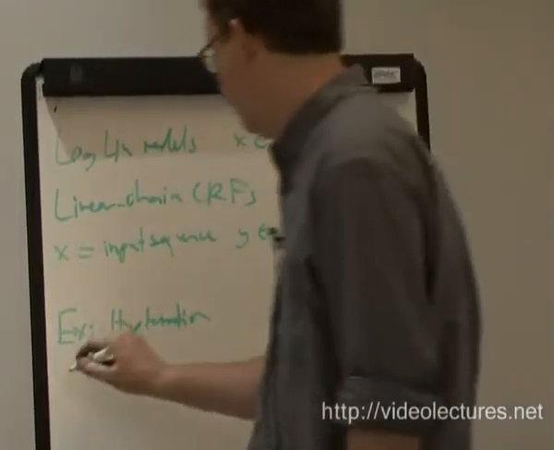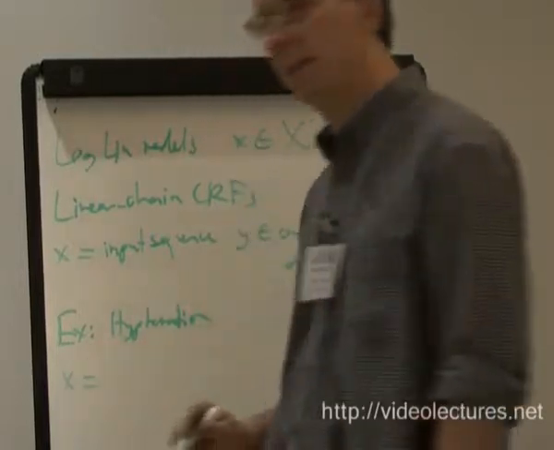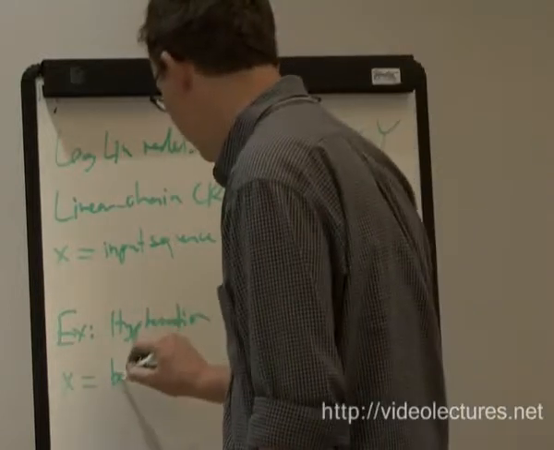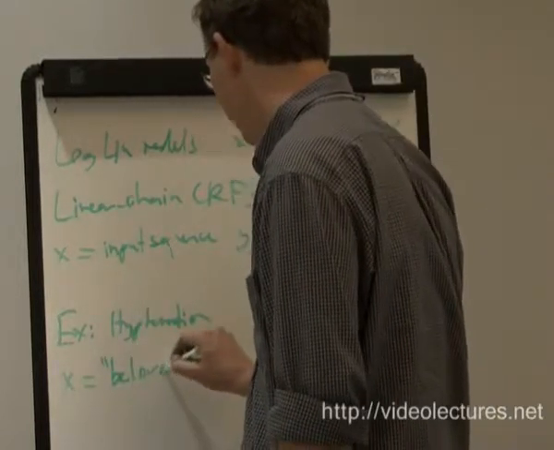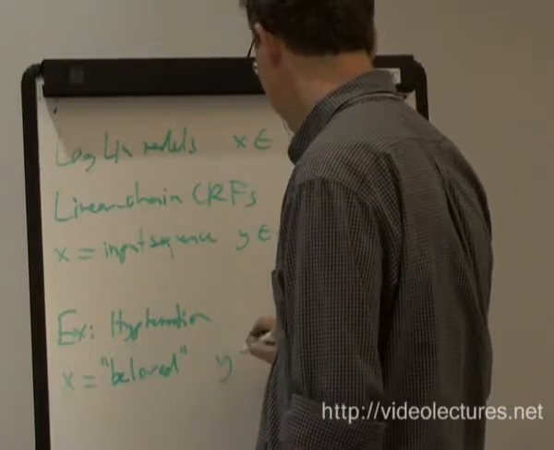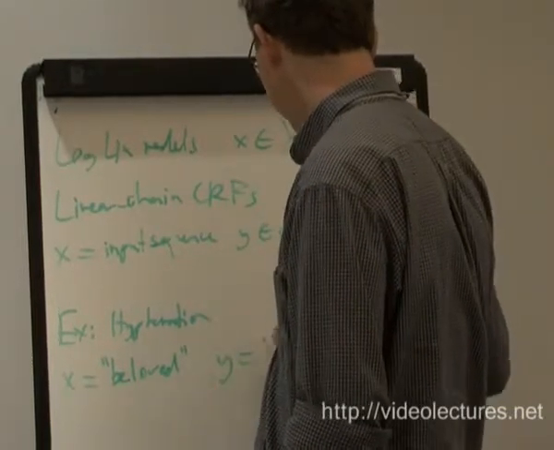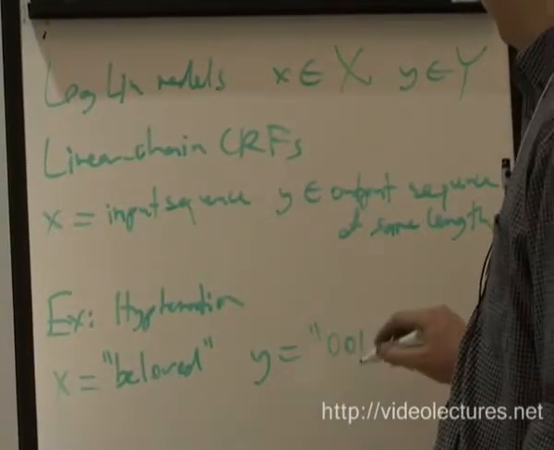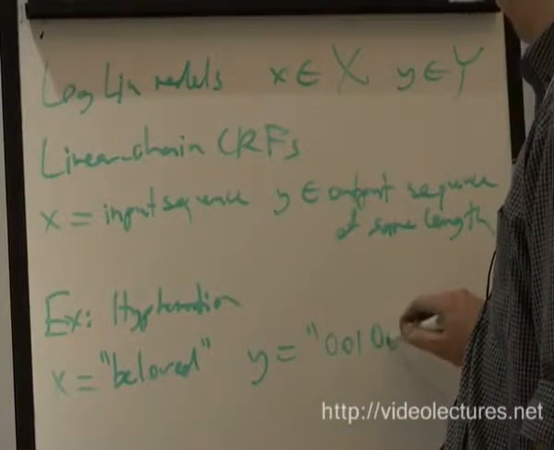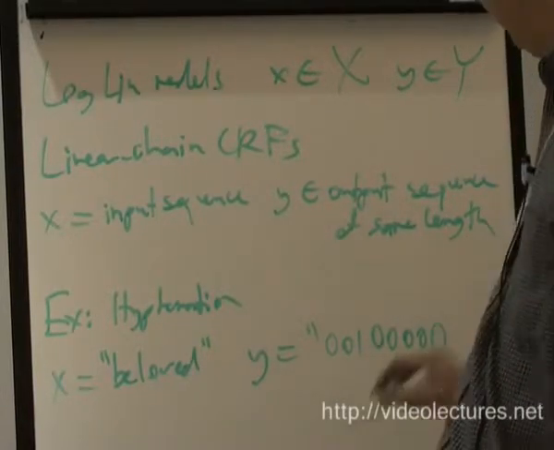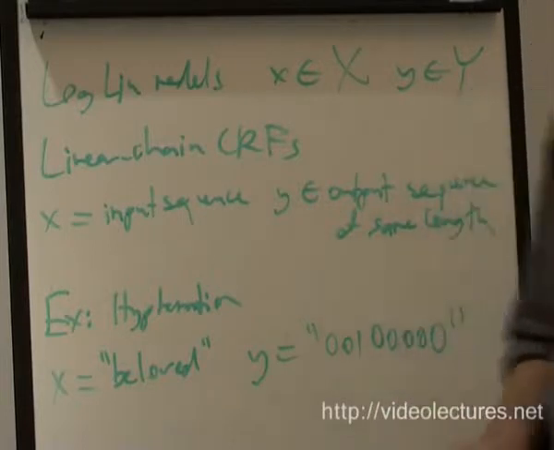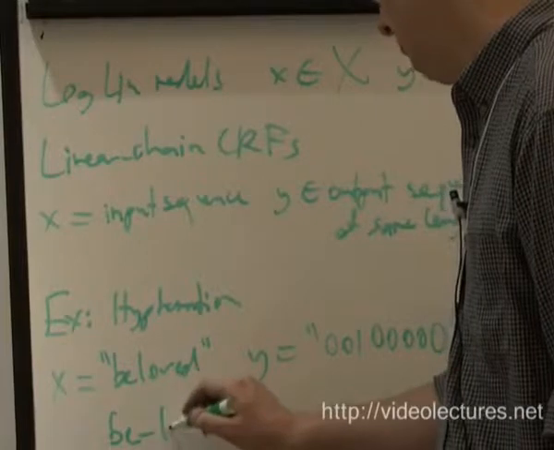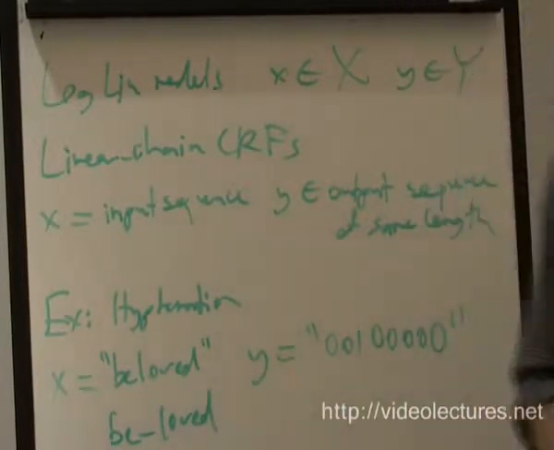So the input might be x equals beloved, and then the output would be y equals 0, 0, 1, and then 0, 0, 0, 0, 0. Because the way this word can be hyphenated is be-loved.